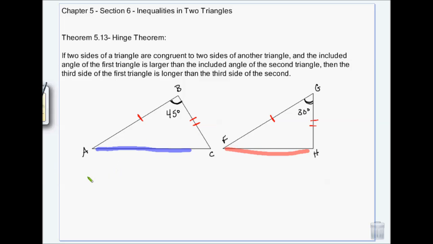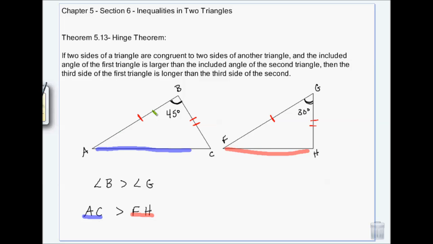So the fact that angle B is greater than angle G means that AC is going to be greater than FH, because the other two sides are congruent.